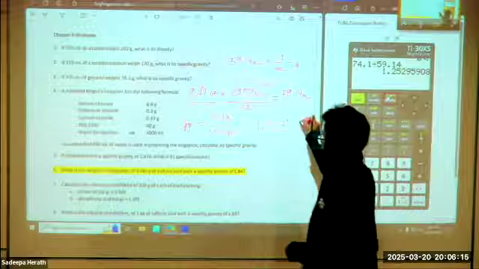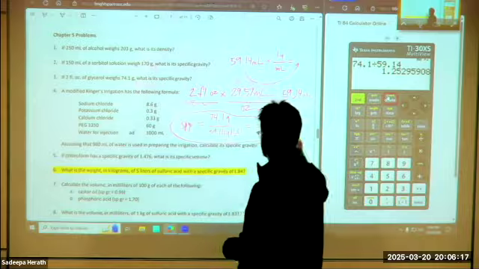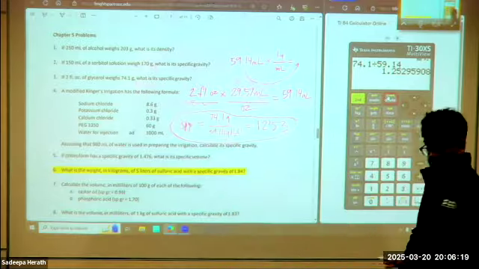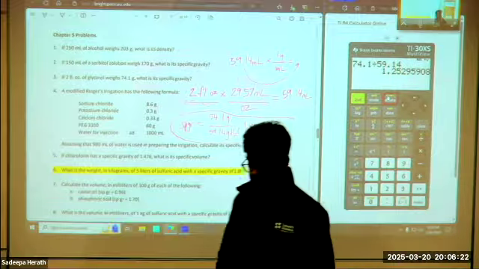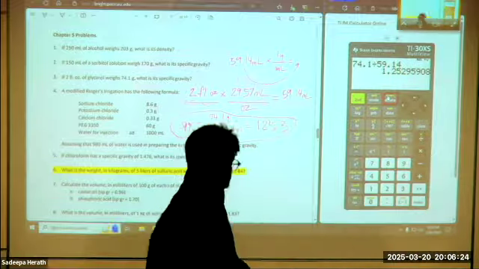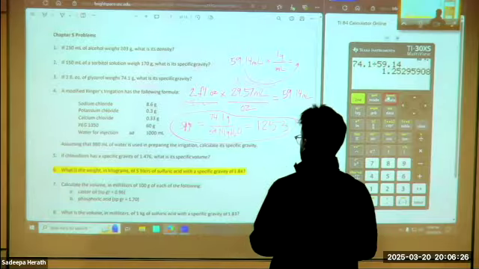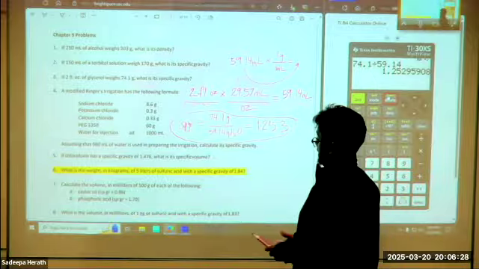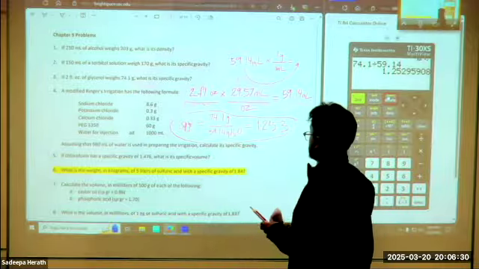So that's where we get specific gravity from. Cool beans? And it's just a ratio, remember that. There's no units, right, because it's a ratio. It cancels out this way too, by the way.